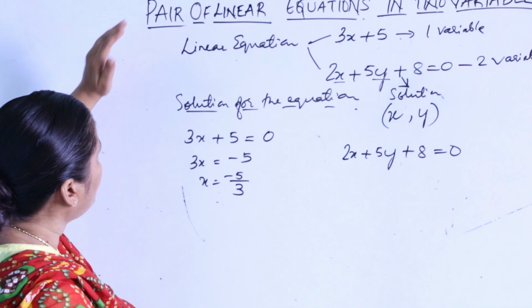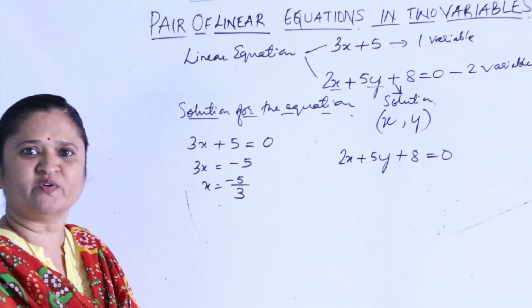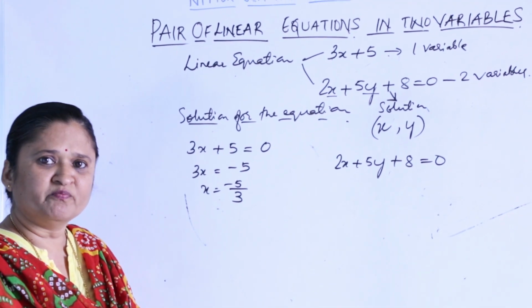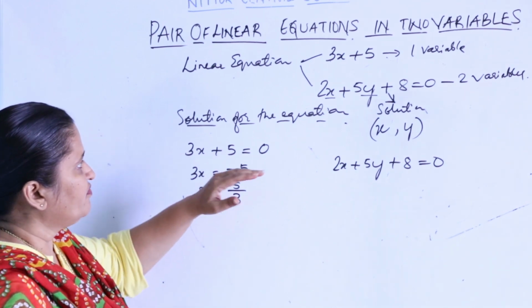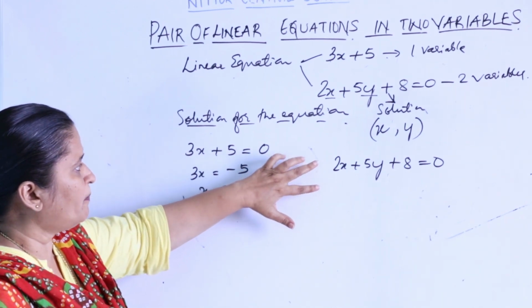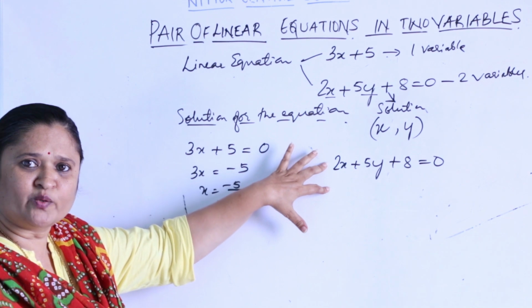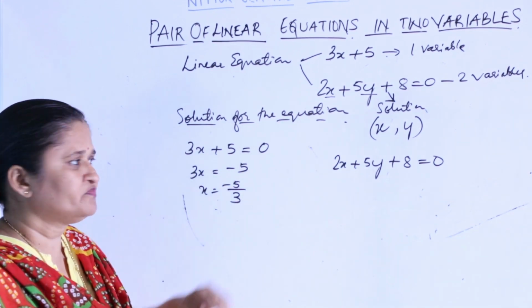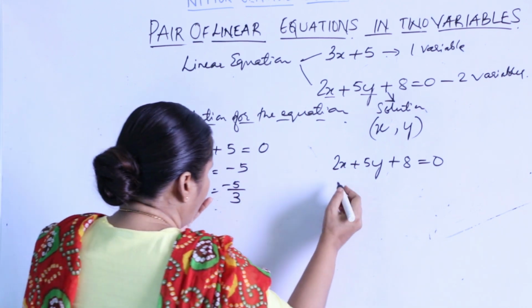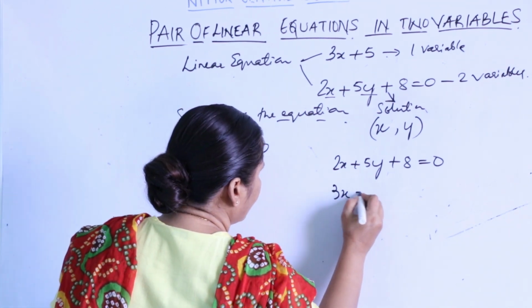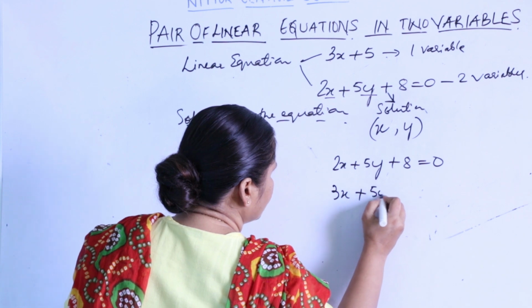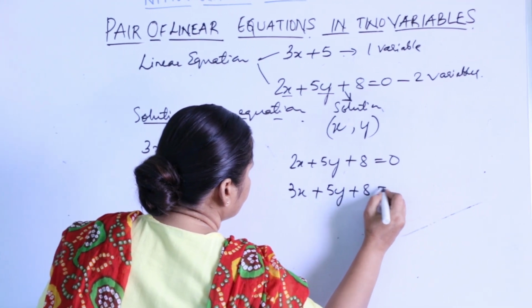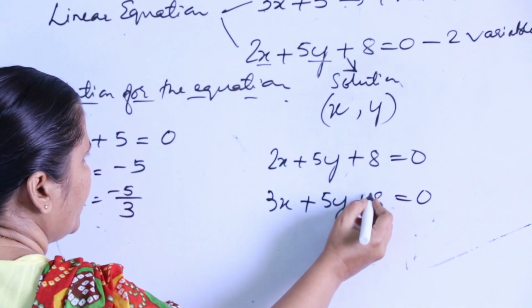So, what is this pair of linear equations in two variables? It means we are talking about a pair of equations in two variables. We will take two equations at a time. Along with this equation, let us say another one, it could be any.